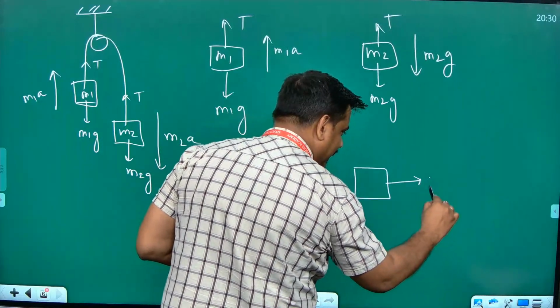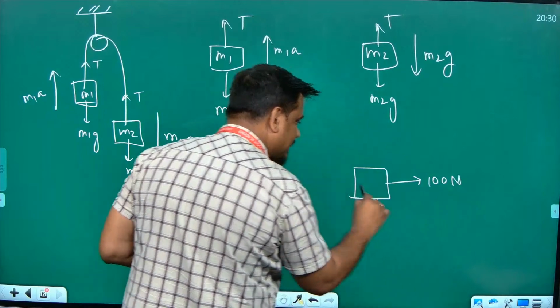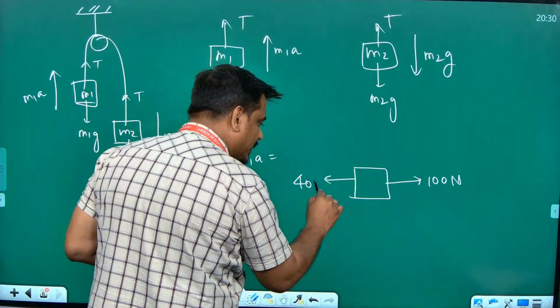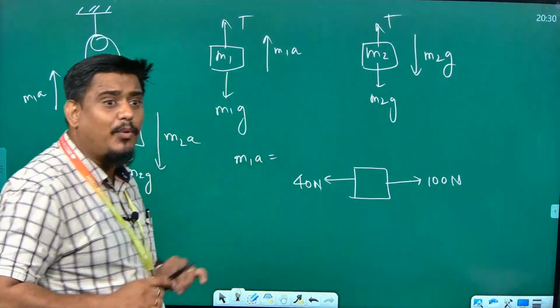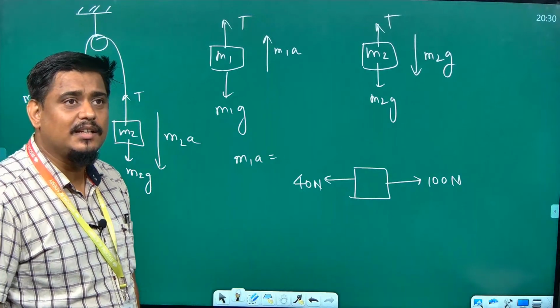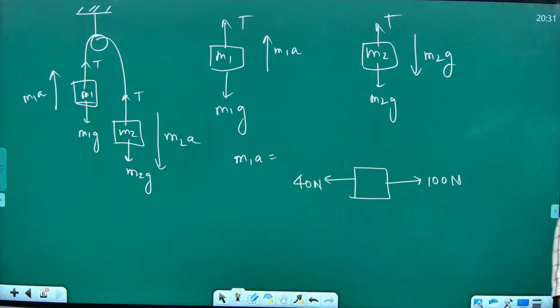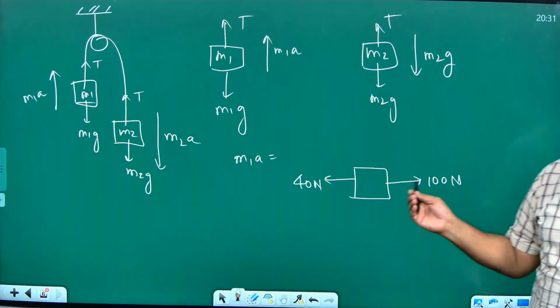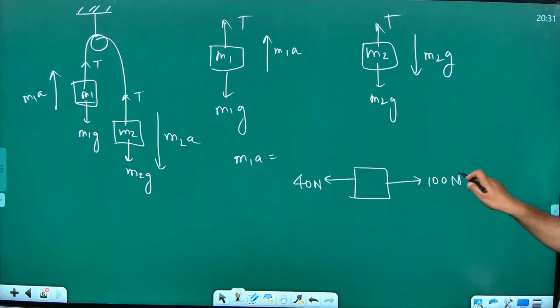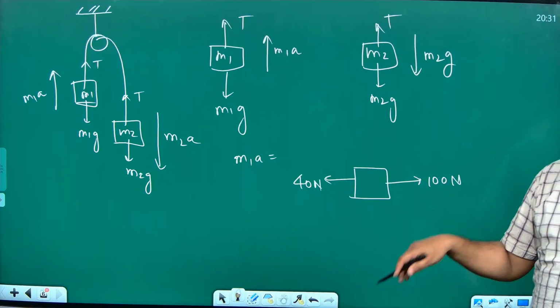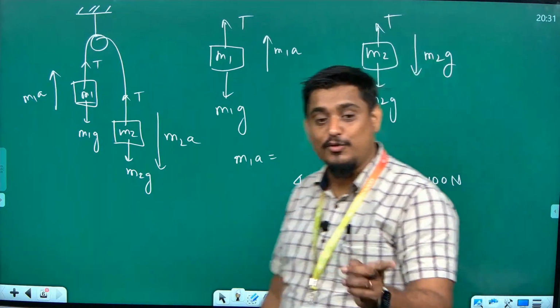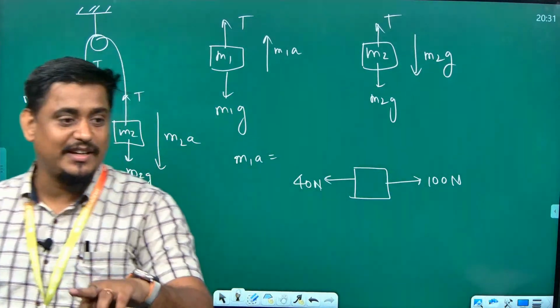Very good. Please pay attention. This side 100 Newton, this side 40 Newton. Net force, we cannot add both here. Net force will be greater force minus smaller force, isn't it? That also only in the opposite direction. I taught you one day: root of F1 squared plus F2 squared plus 2F1F2 cos 180, and cos 180 is minus 1.